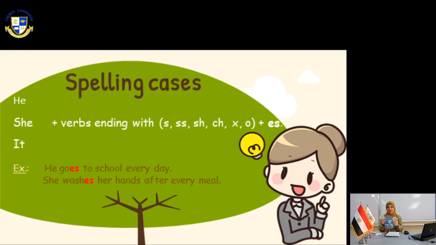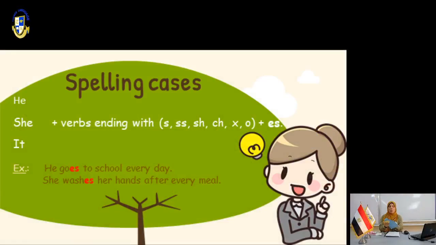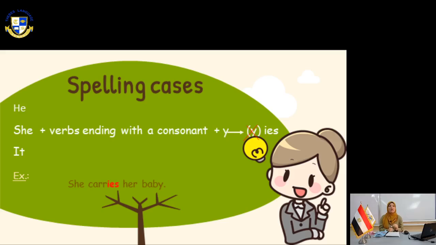Now, this house makes these two noisy sounds. Is that everything? No. What else? We said before in English language, what are our vowels? The vowels are A, E, I, O, U. And let's remember that those vowels are so strong.